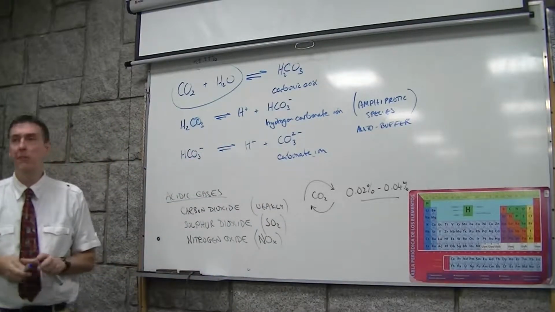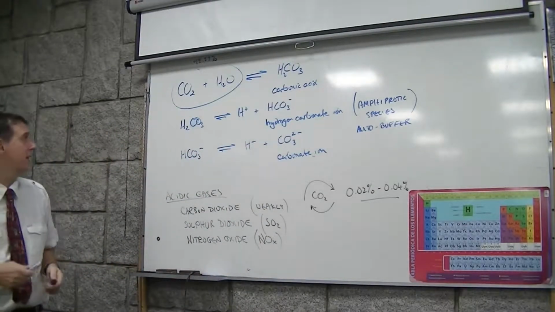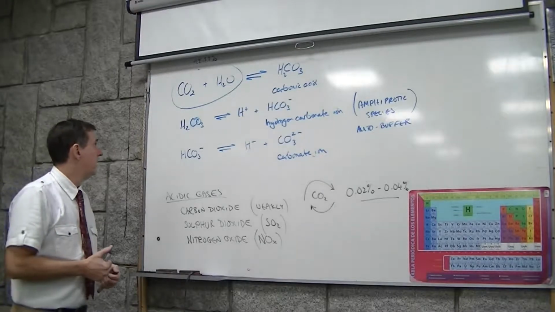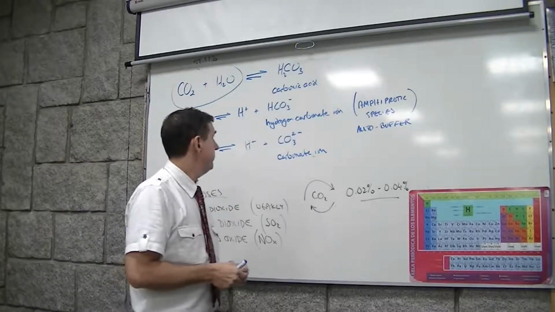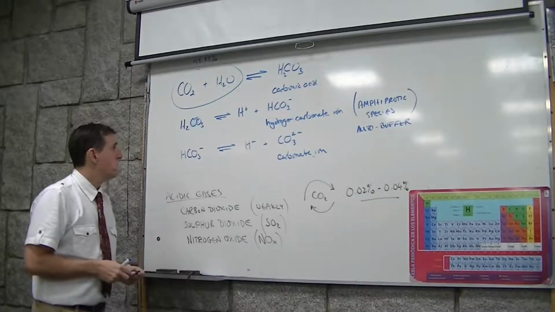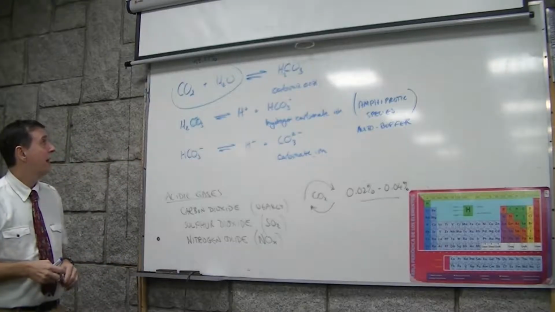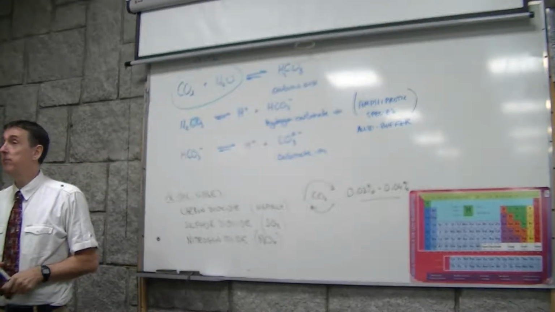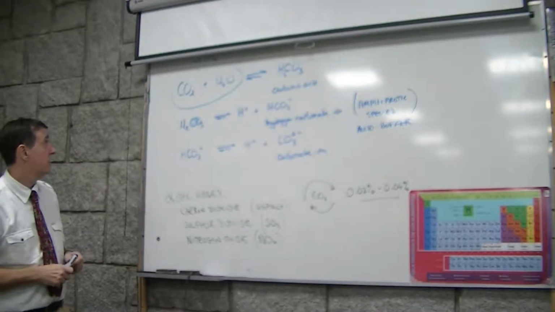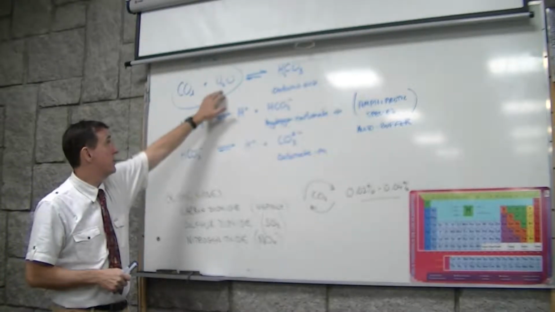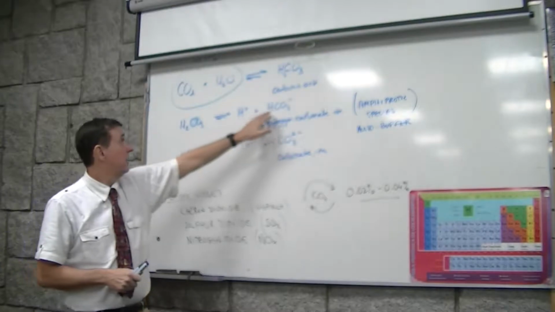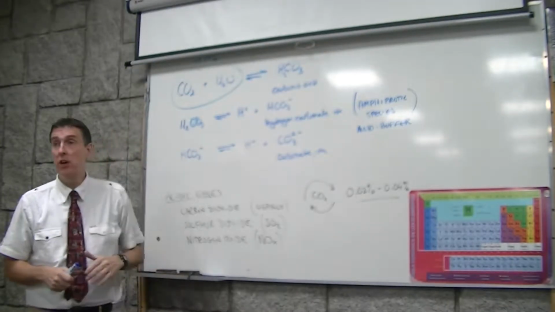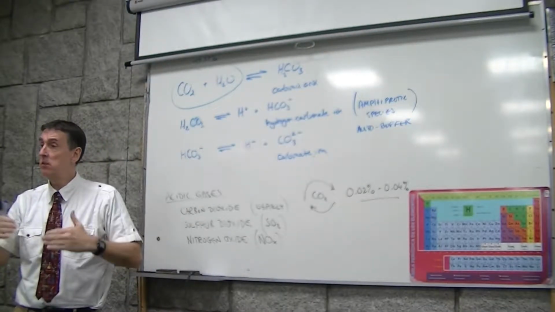They self-buffer without the need to have anything else in there. And in fact, this is what happens in the sea. The sea has a certain amount of carbon dioxide dissolved in it. Under the conditions, we can form hydrogen carbonate ions, and it tends to stabilise.